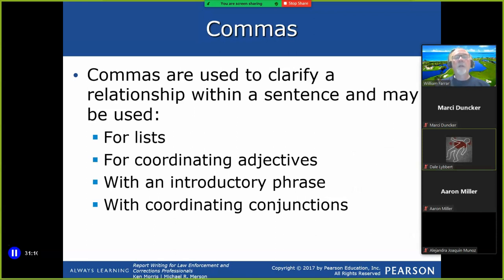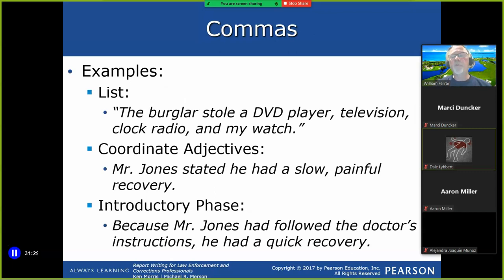So a lot of times commas are used to clarify a relationship within a sentence, and it can be used for listing things, coordinating different adjectives, with an introductory phrase or with a conjunction. So here's a couple of examples. So the burglar stole a DVD player, comma, television, comma, clock, radio, comma, and my watch.